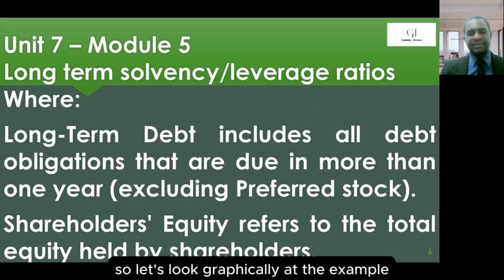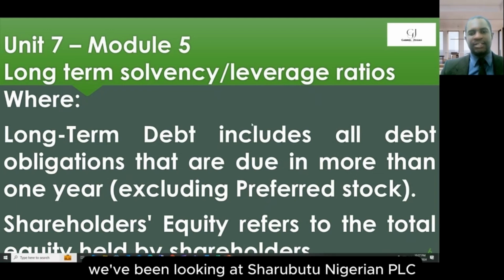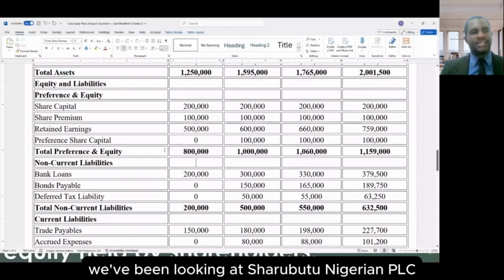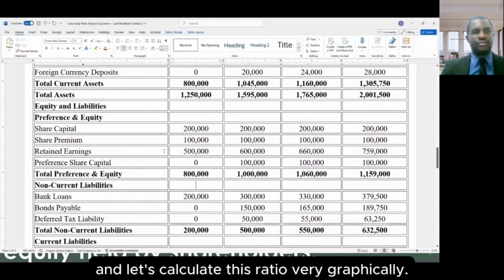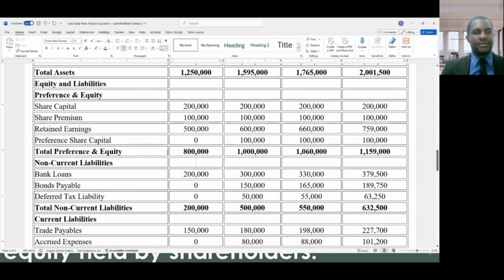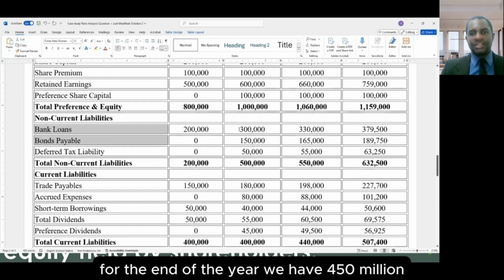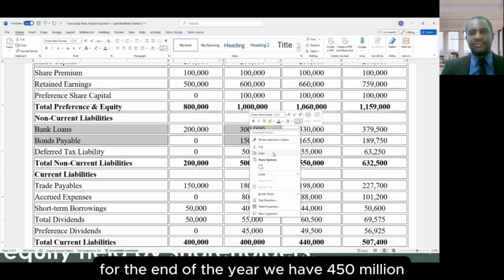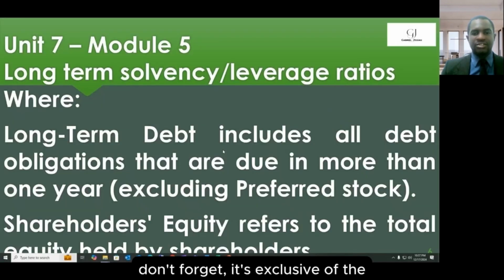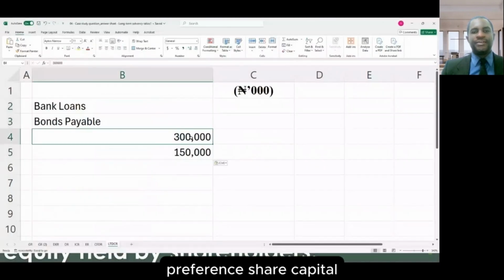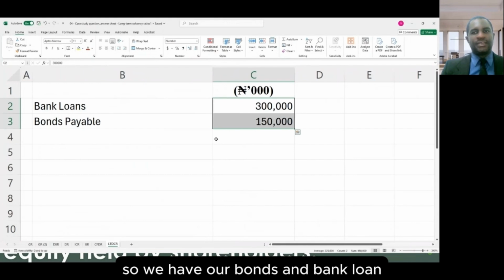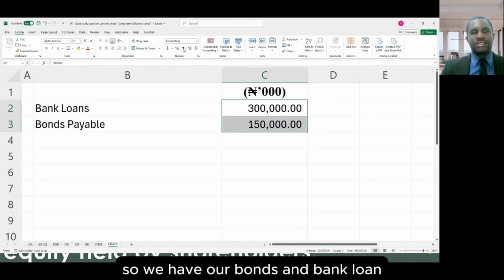So let's look graphically at the example we've been looking at, Sharp to Nigeria PLC, and let's calculate this ratio very graphically. So let's pick our long-term debt. For the end of the year, we have 450 million. Don't forget, it's exclusive of the preference share capital. So we have our bonds and bank loan.